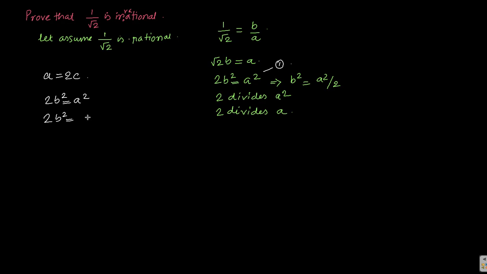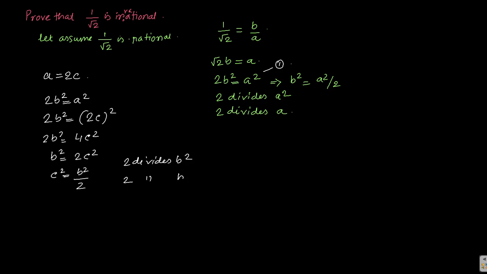So 2c whole square. So 2b square is equal to 4c square. That means b square is equal to 2c square, that is c square is equal to b square by 2. It implies that 2 divides b square, that is 2 divides b.